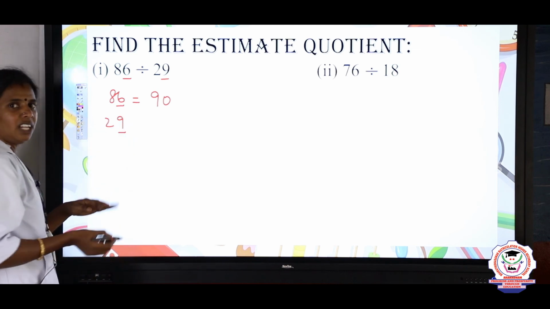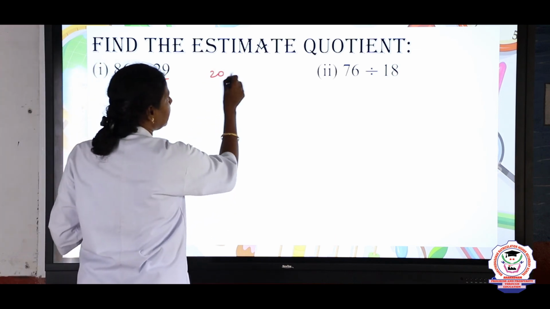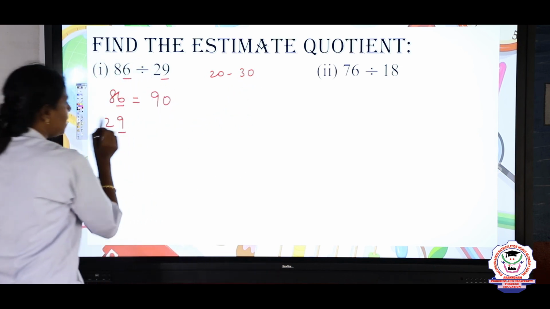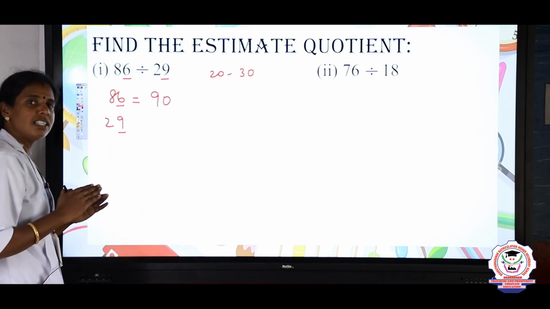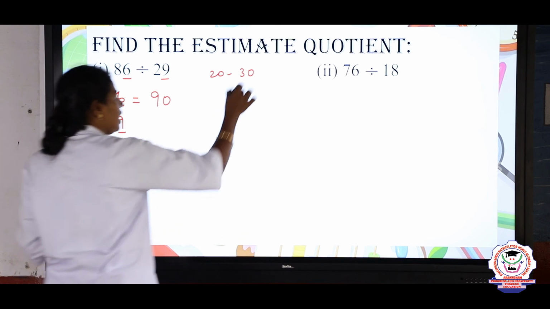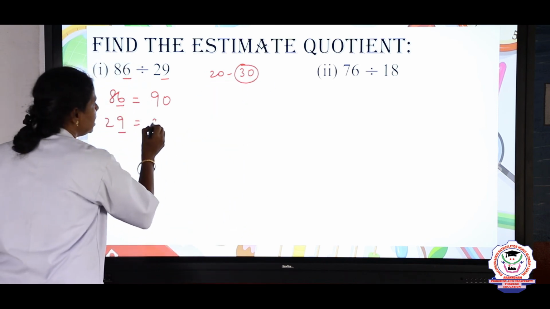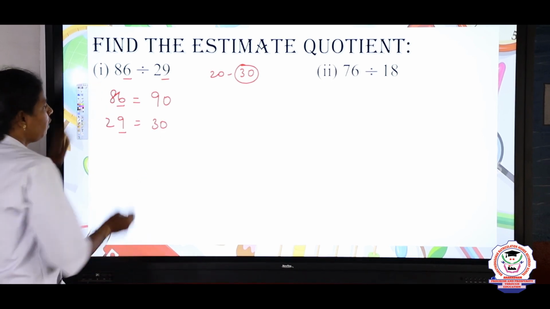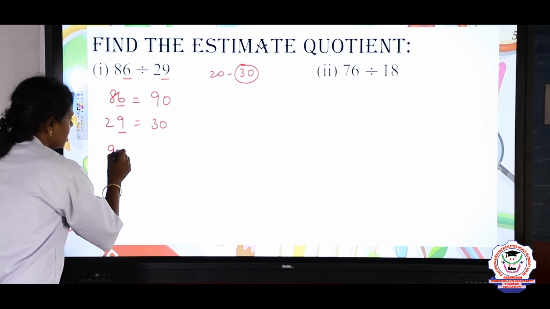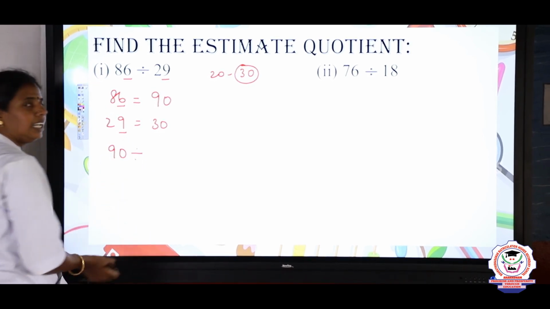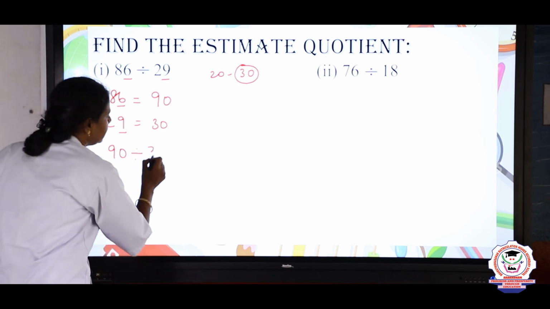And the next number is 29. 29 will lie between 20 and 30, right? In the ones place the number is 9, which is greater than 5. So the next tens place number will be the answer. The rounded value is 30. Now we are going to find the quotient of this estimated value, that is 90 divided by 30.